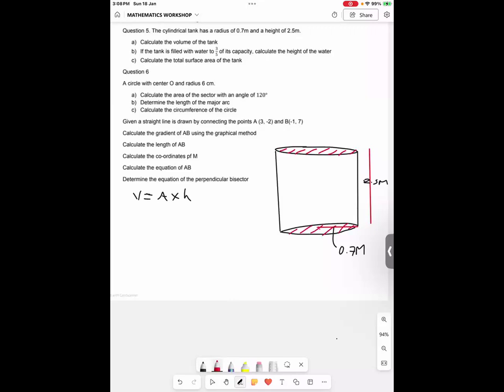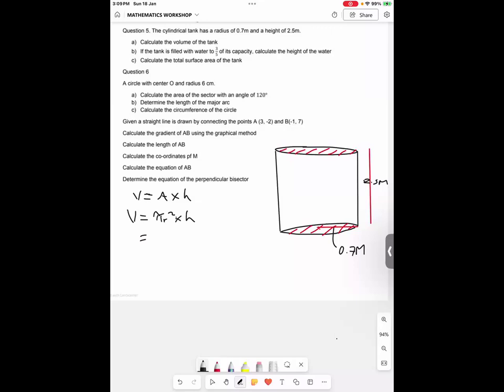It has a circular base. So the volume is going to be equal to A, the area of the cross section, which is a circle. The area of a circle is pi r squared, and then we're going to times it by the height of the cylinder.